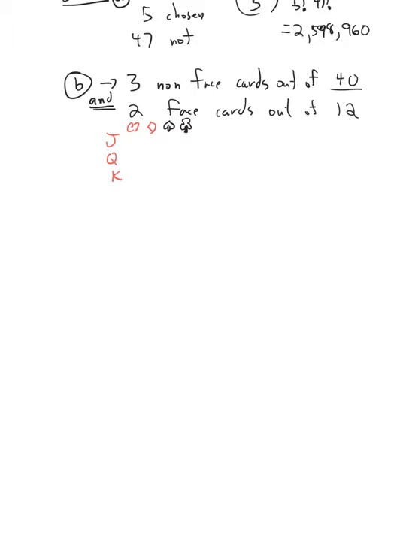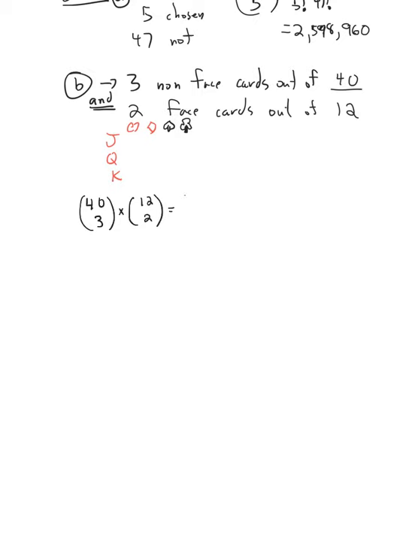Okay. So in some sense, we can just write down our answer now. We're choosing, out of the 40 non-face cards, 3 of them for our hand. And we also need to choose, out of the 12 face cards, 2 of them. So let's simplify this a little bit.